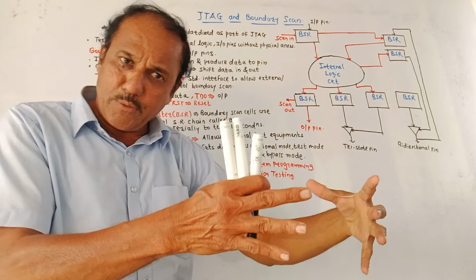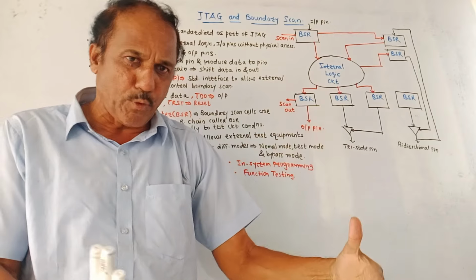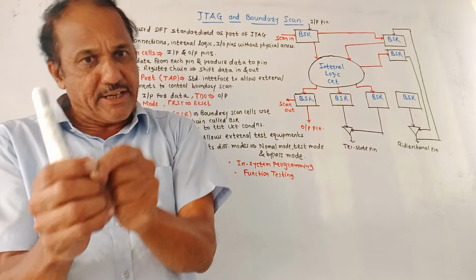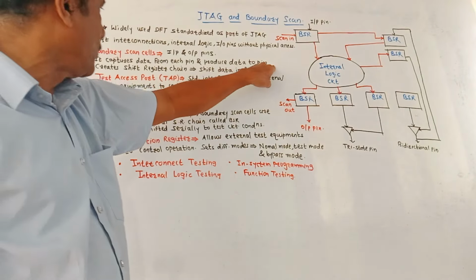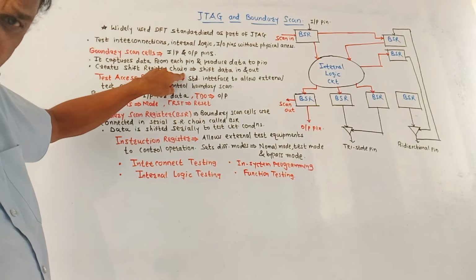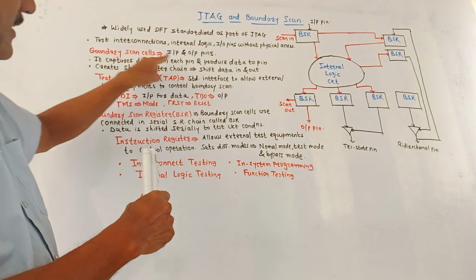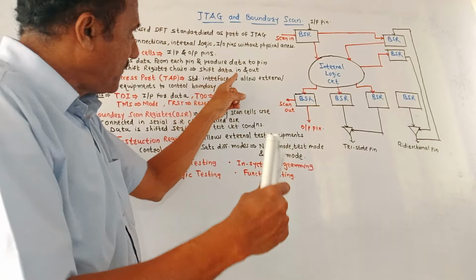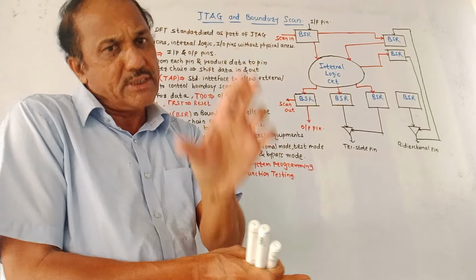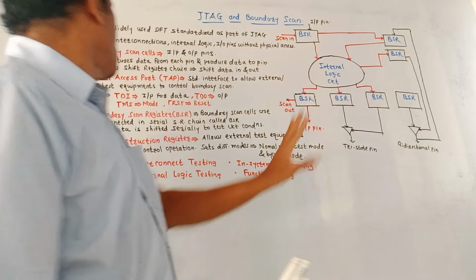When used at the input side, the boundary scan cell accepts the data from the input pin, and after scanning, it produces the data to the output pin. It creates the shift register chain, that means a chain of shift registers is created by using this boundary scan cell. So data is continuously shifted in and out by making use of this boundary scan cell. A group of such boundary scan cells forms one BSR, that is boundary scan register.